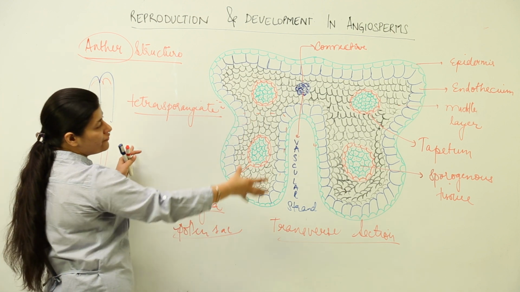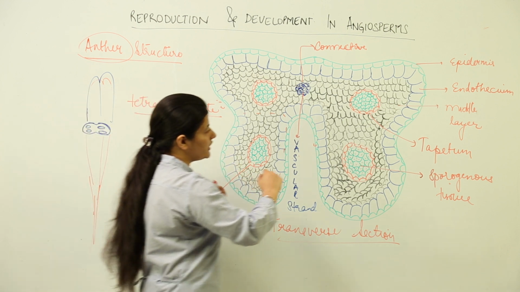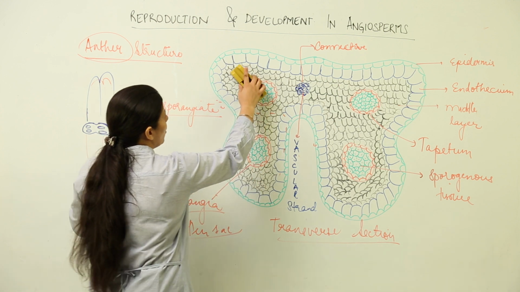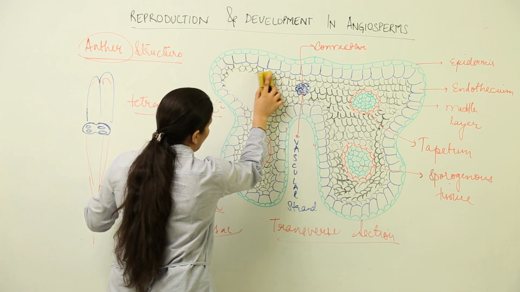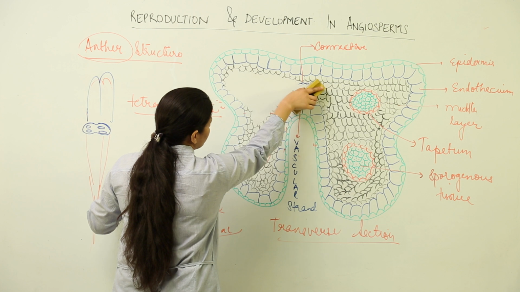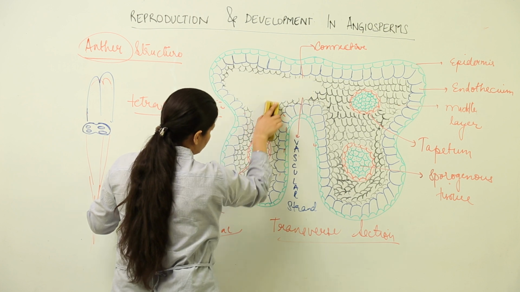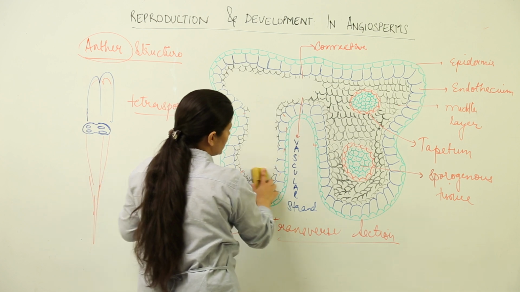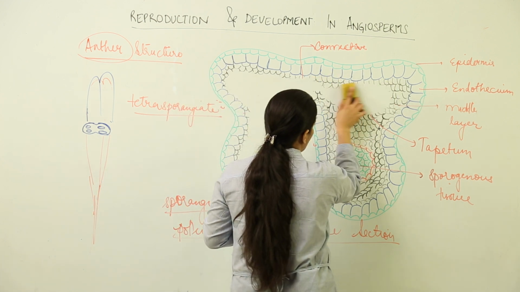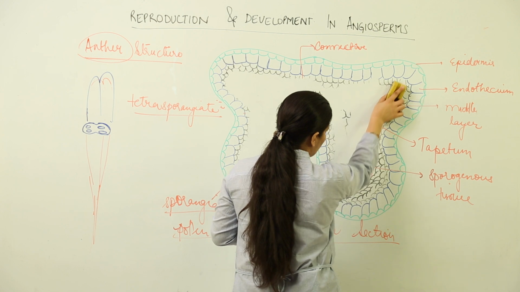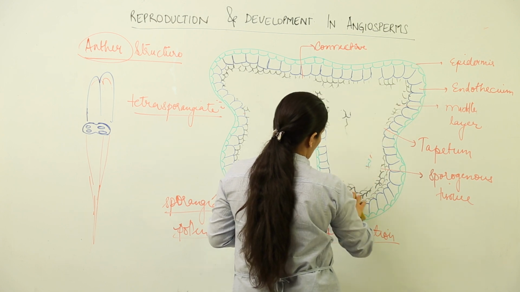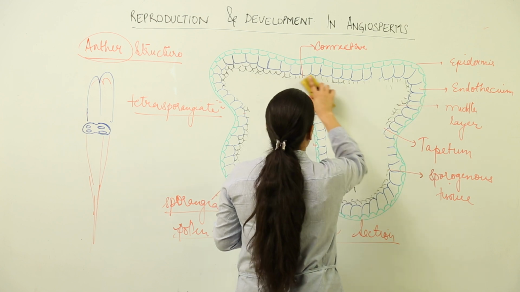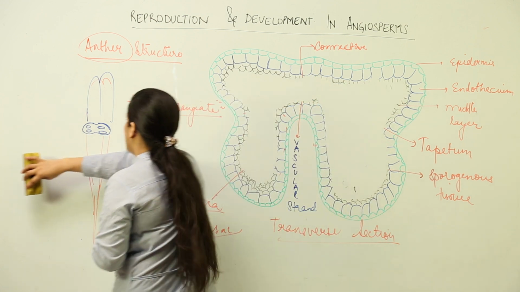Now this is a fresh anther. Supposedly this anther has matured. What happens over here is all these middle layers are gone, endothecium is left a little bit, the vascular bundle is almost consumed, and the sporangial walls are gone. What you find over here is 4 pollen sacs and the pollens spread uniformly inside them.